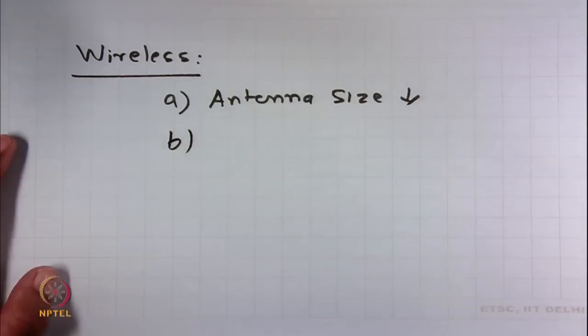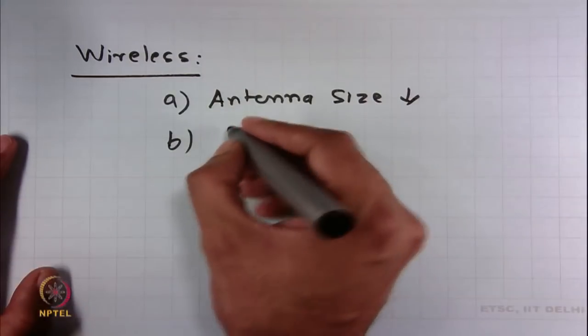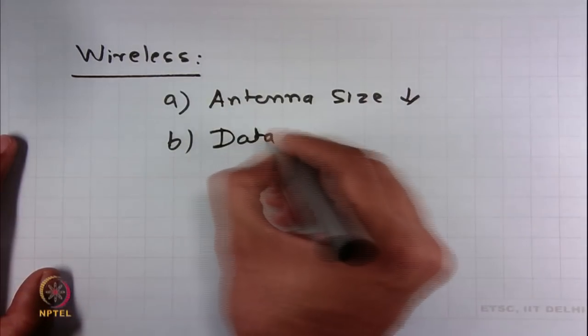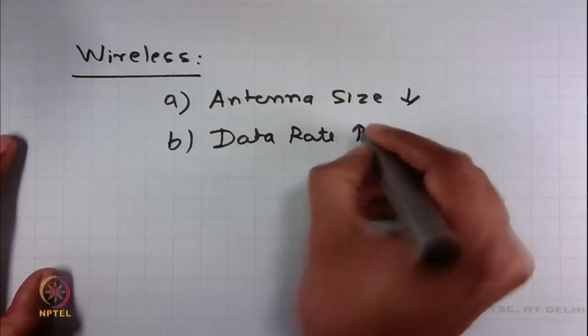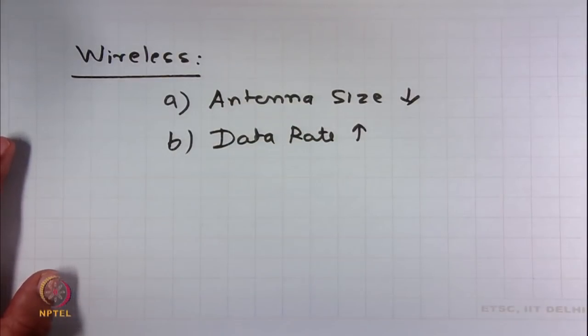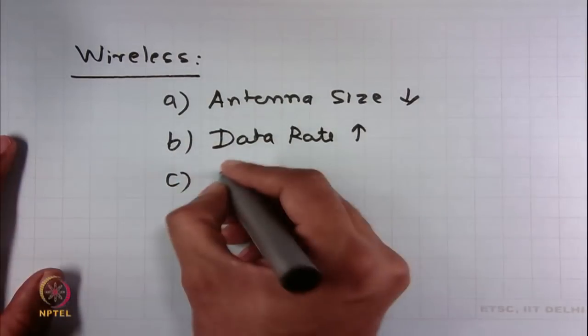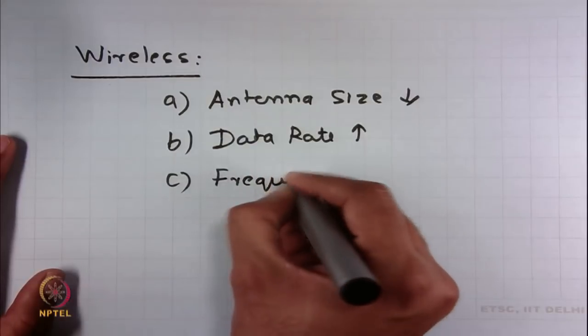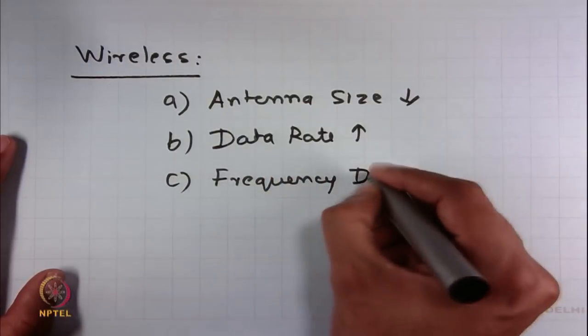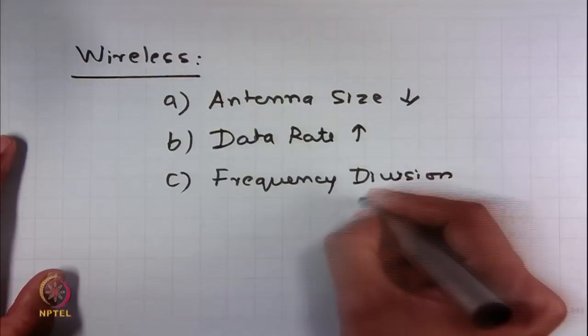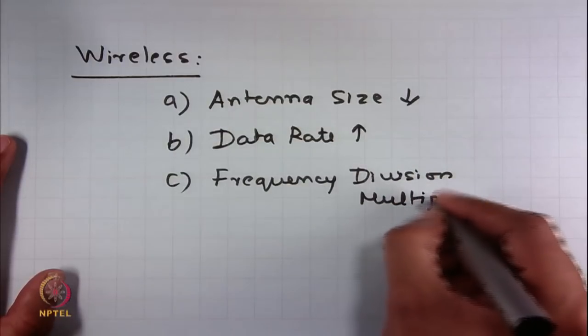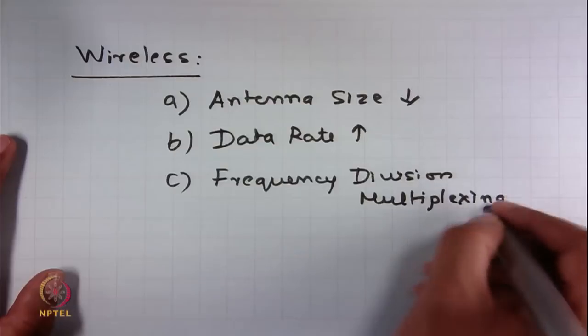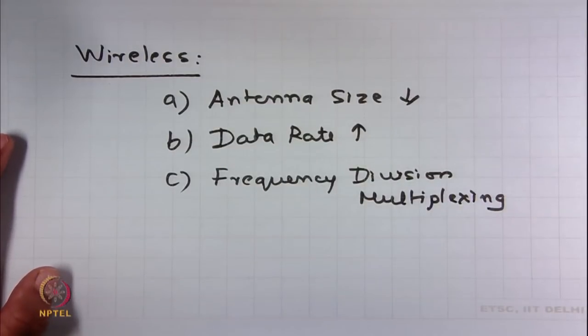Then if you have higher frequencies, your data rate also increases. Then we have seen that if you use passband communication, you can explore the ideas of frequency division multiplexing and so on and so forth, which allows a better sharing of the spectrum amongst operators. So, in short, wireless communication is predominantly passband communication.